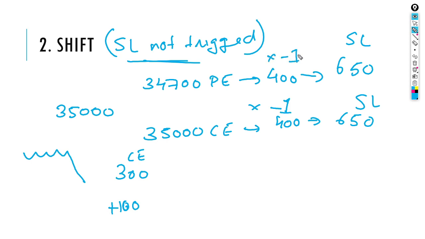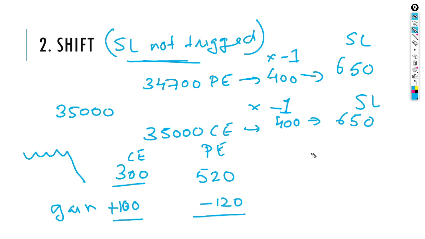Your call option is currently at 300 rupees, giving you a gain of 100 rupees. This put option, which you have shorted at 400, will be somewhere around 520 rupees, giving you a net loss of 120 rupees. So what is your overall loss? It is going to be somewhere around 20 rupees.